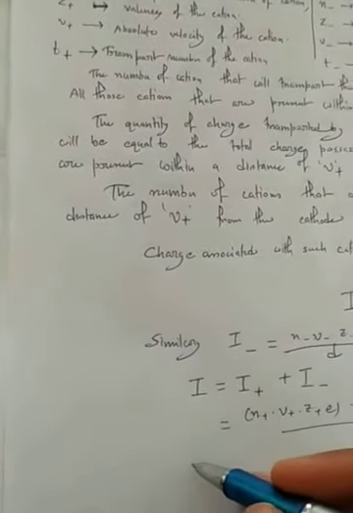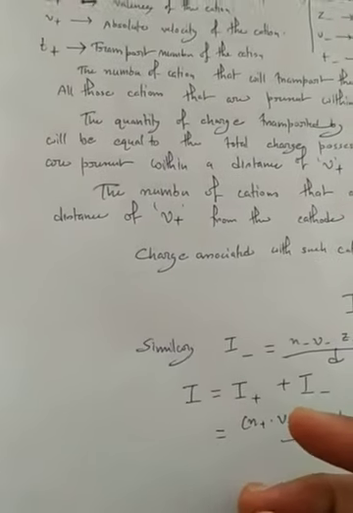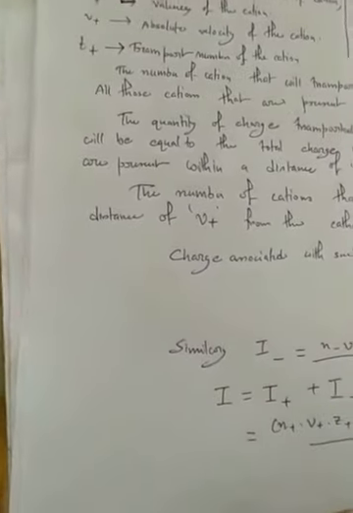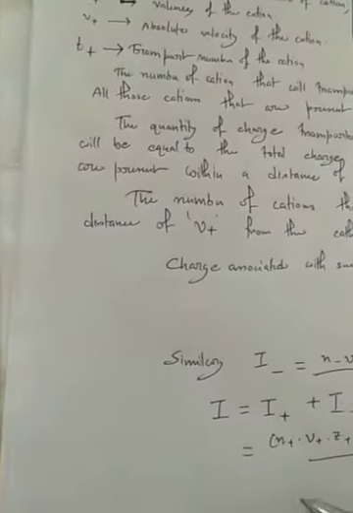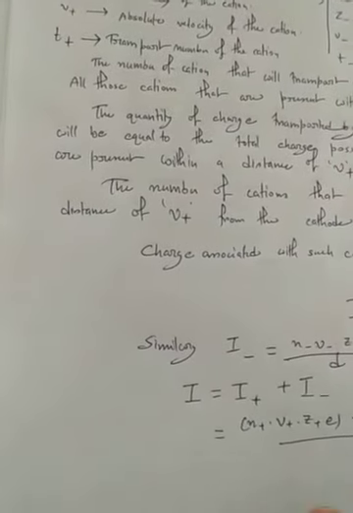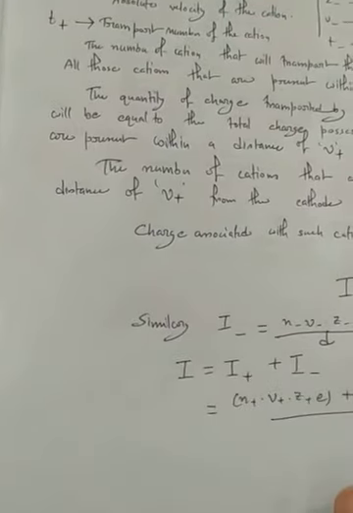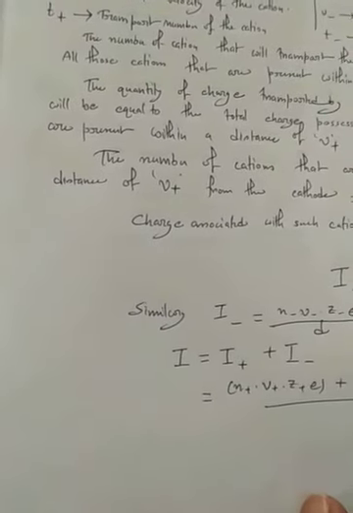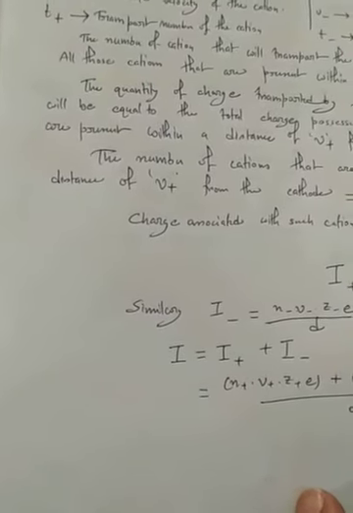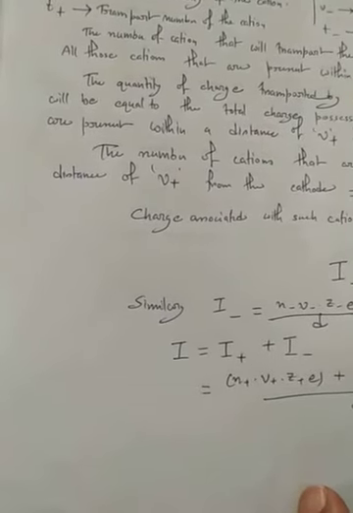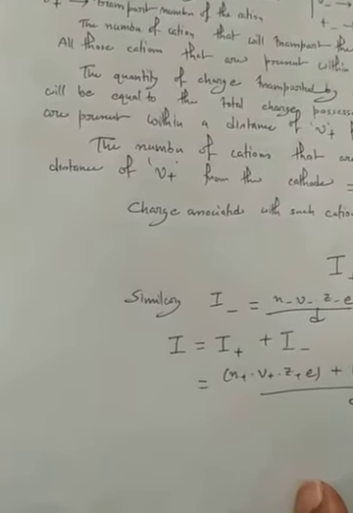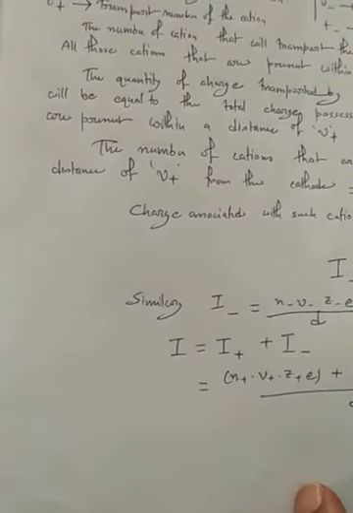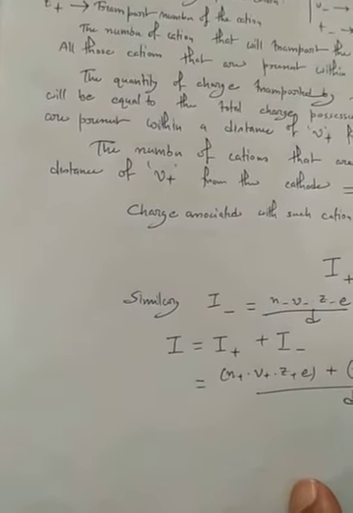From the electroneutrality principle, you know a particular solution has to be neutral. It may be a solution of sodium chloride, zinc chloride, or magnesium chloride, but a particular solution has to be neutral. That means the total number of cations and the charge associated with the cation is equal to the total number of anions and the charge associated with the anion.